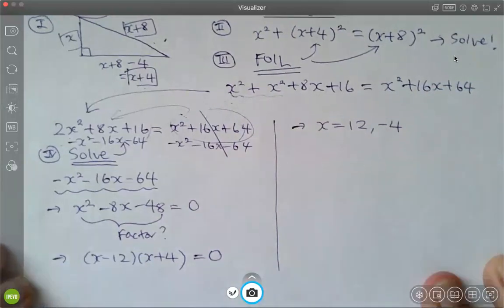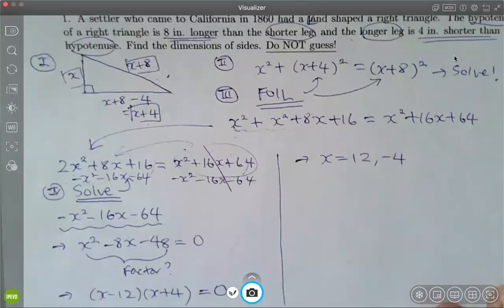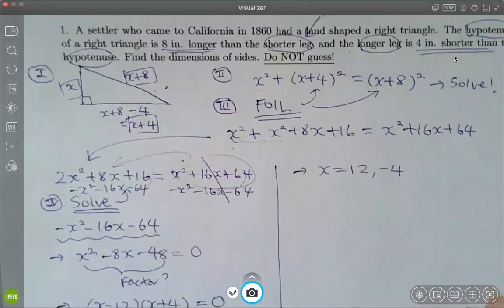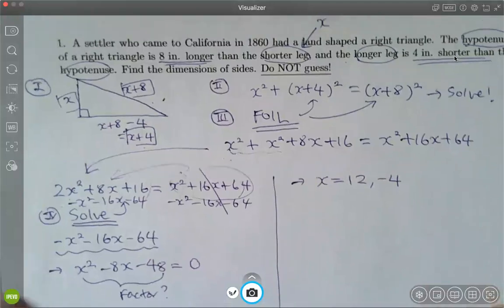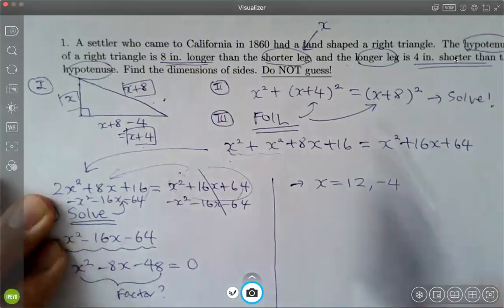Now, earlier when we got the values for x, that was it. But what about here? Are we done? Is the answer 12 and negative 4? To answer that question, let's see where we started. What does x mean? X was the shorter leg, right?